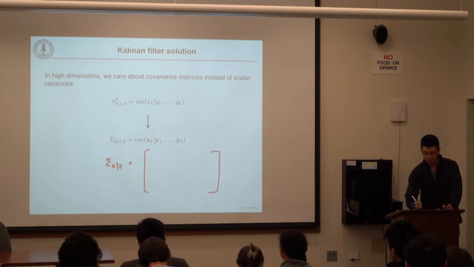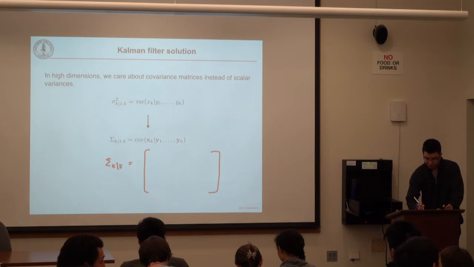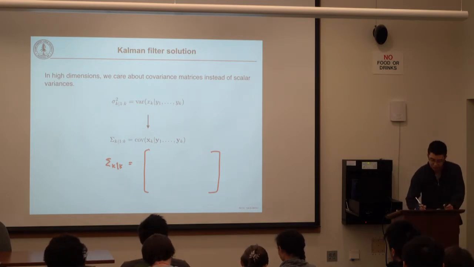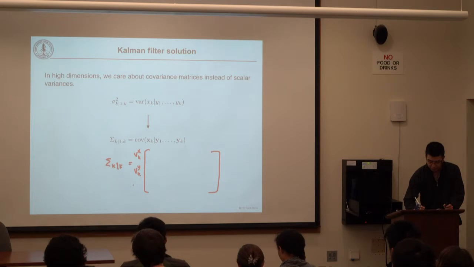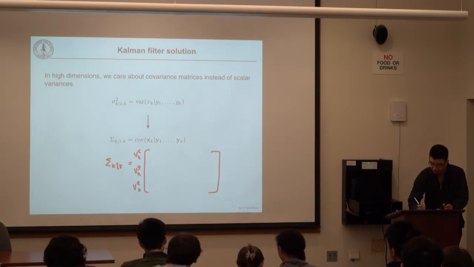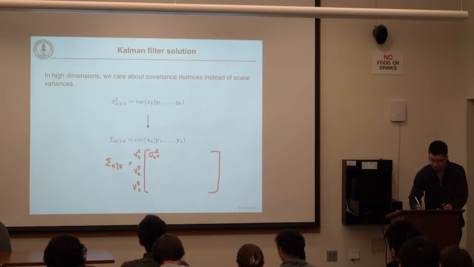So let's say that here we have a 3 by 3 matrix where dimension 1 is vx at time k, dimension 2 is vy at time k, and dimension 3 is z velocity at time k. Then the diagonal terms here would be the variance of vx at time k, given the data up to time k.